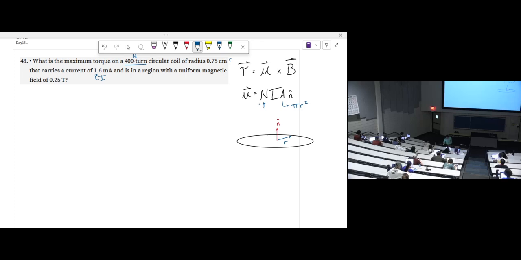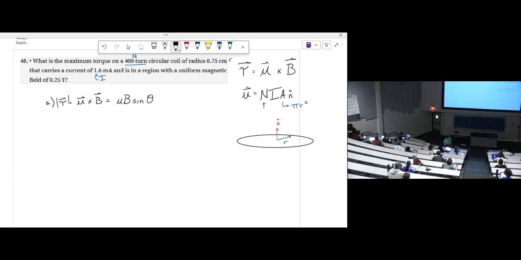Now, if we're saying in part A here that torque is equal to mu cross B, then we also said that this is going to be equal to mu B times the sine of the angle between them.